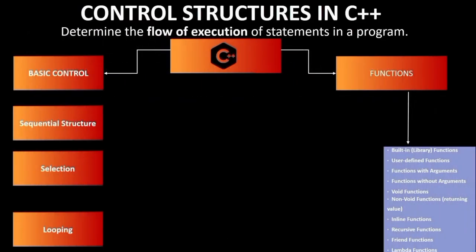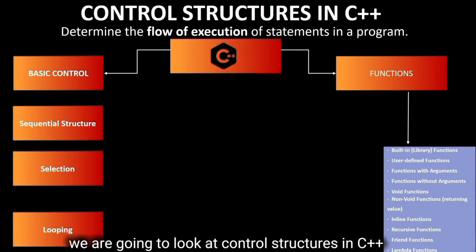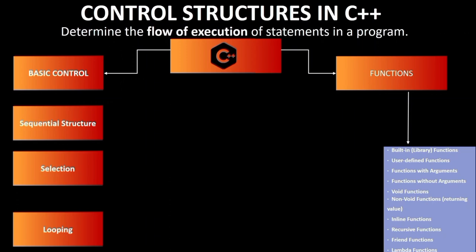Welcome back. So today we are going to look at control structures in C++. What are these? These determine the flow of execution of statements in a program. Remember, control structures in C++ are divided into two main categories. Number one is called basic control.